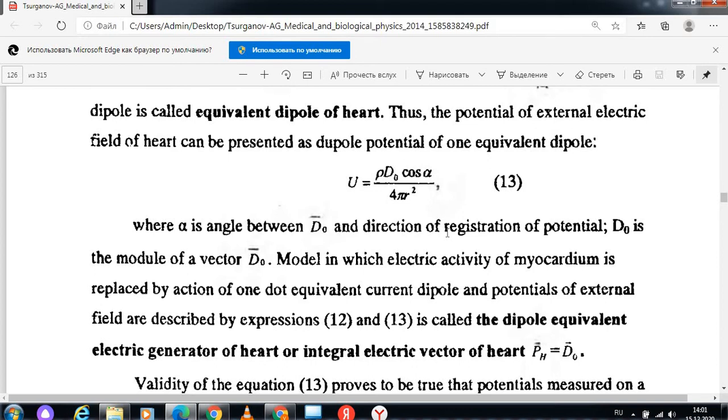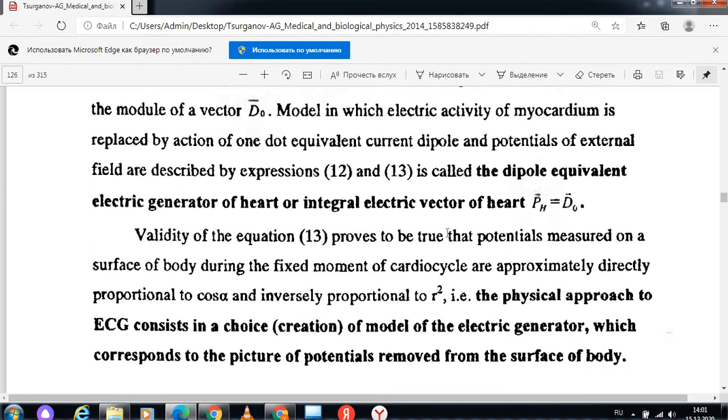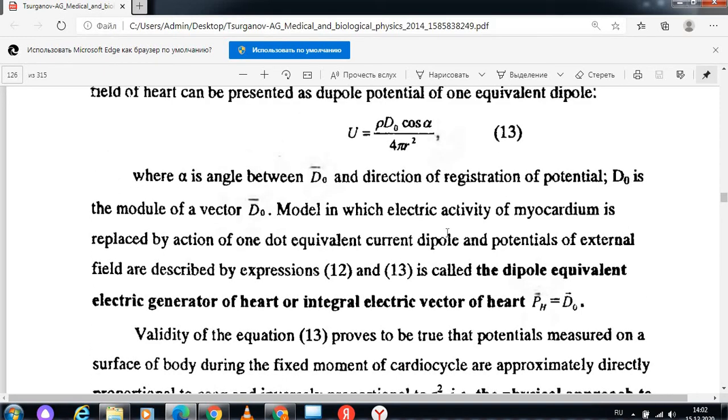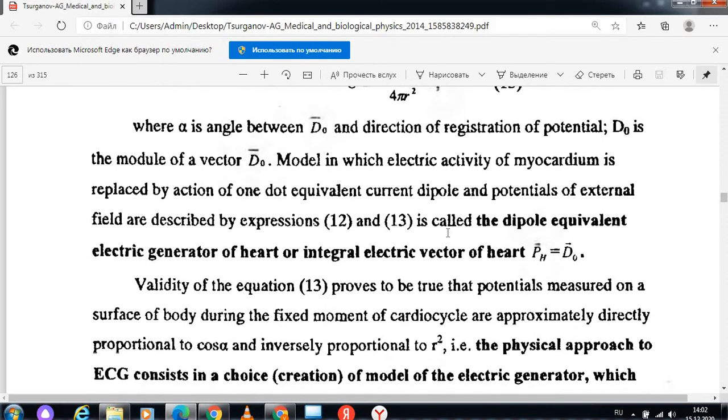The validity of equation 13 proves to be true that potentials measured on the surface of the body during a fixed moment of the cardiac cycle are approximately directly proportional to cosine alpha and inversely proportional to the distance. Don't forget that we have the power of 2, distance squared.